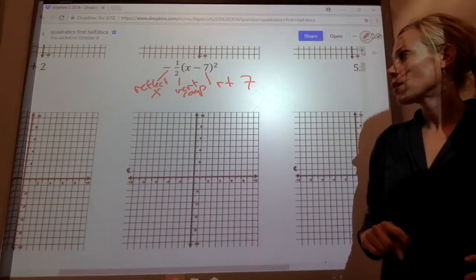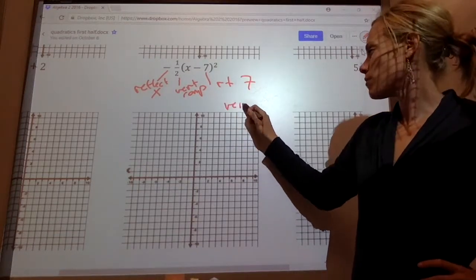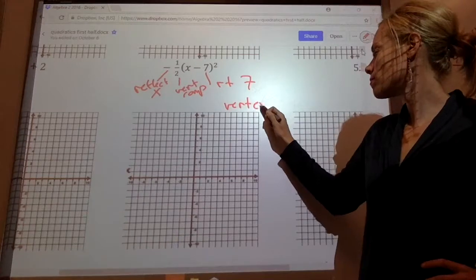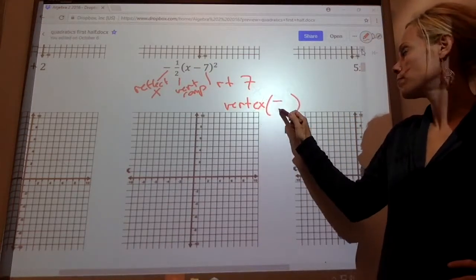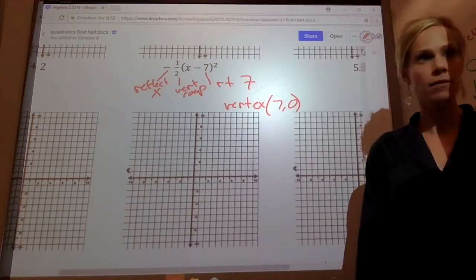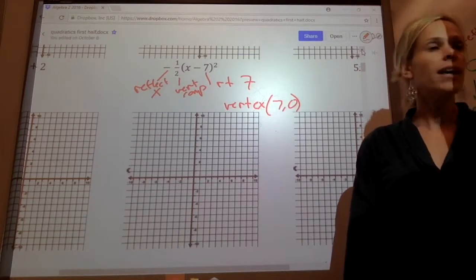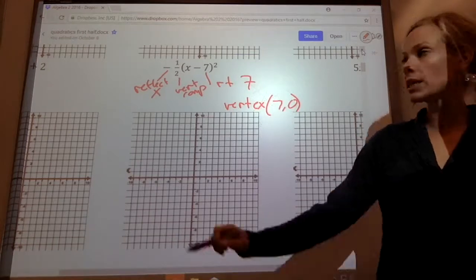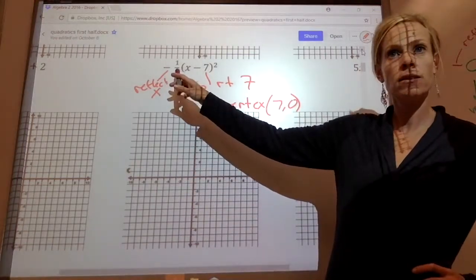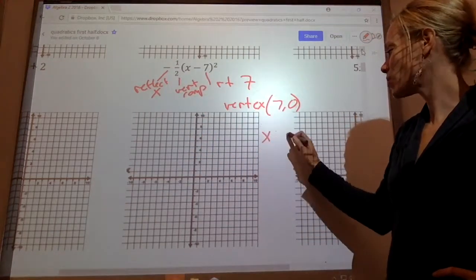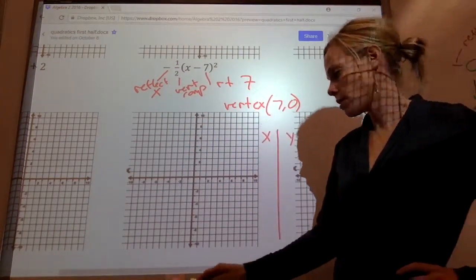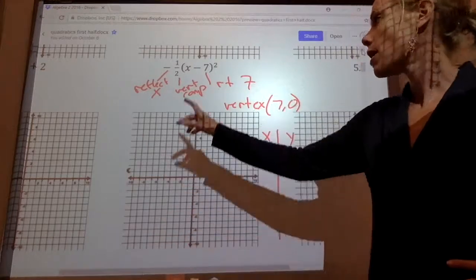So I know right 7, so what's my vertex? Right 7, 0. Because I went right 7. But now I can't do the 1, 3, 5 rule because I have this compression, right? So everything got cut in half. And that's trickier to do mental math. So what I would do is I would get out the graphing calculator and plug that in.